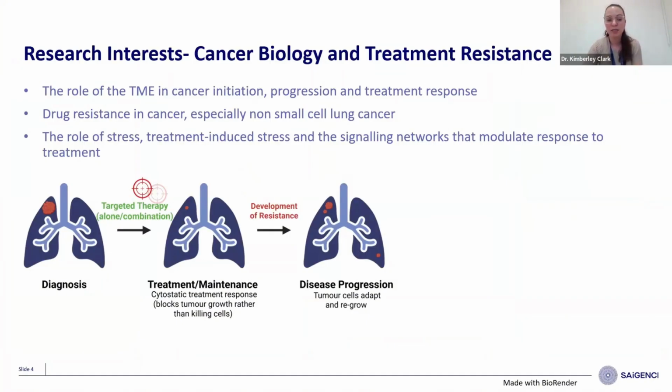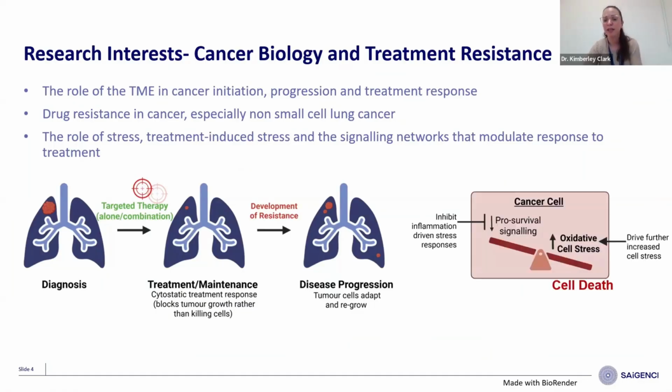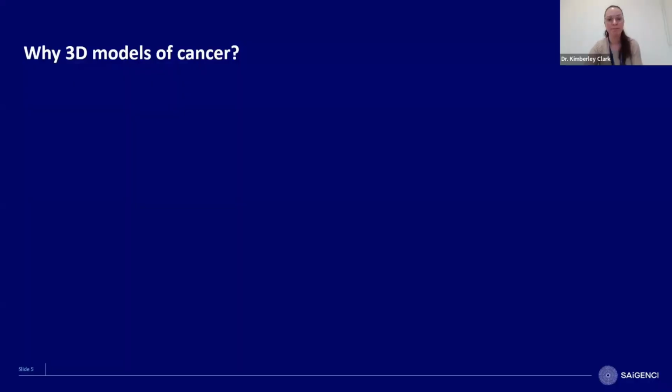Largely with lung cancer, patients are diagnosed and often they can have targeted therapies available, and that can be initially quite successful, but resistance ultimately develops in most patients. We really believe that a large part of that is this intrinsic balance between the state of cell stress and pro-survival signalling, and that's where our research questions seek to answer that, and where we are applying these different 3D models.